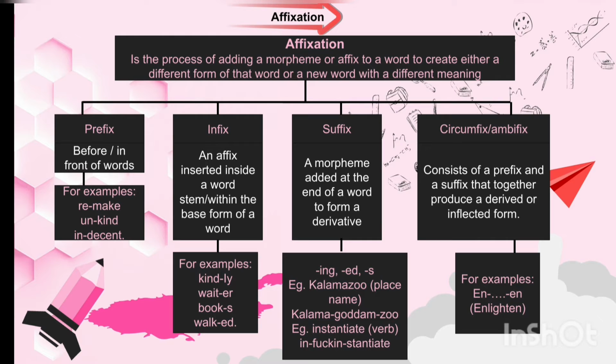This means adding before or in front of a word. For example, re adding to make. The second is adding un for kind and adding in front of word descent.